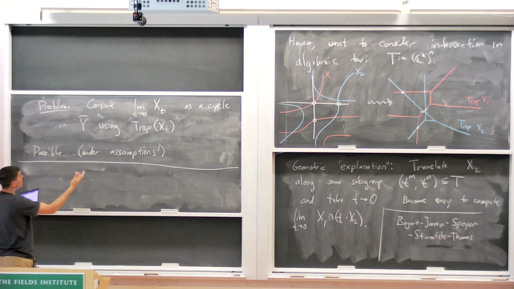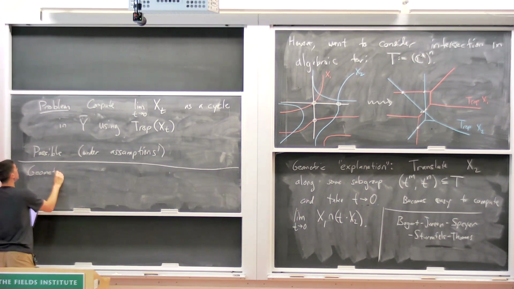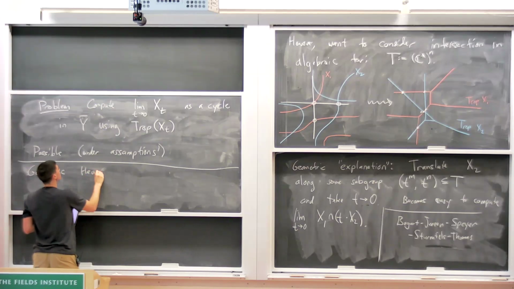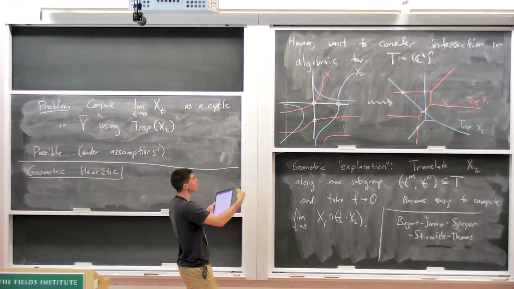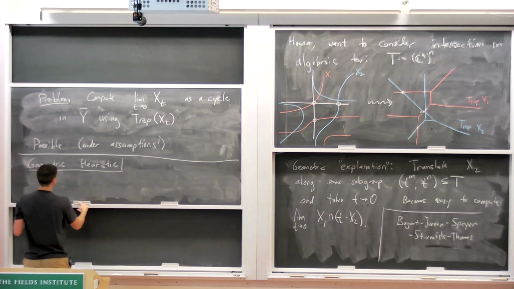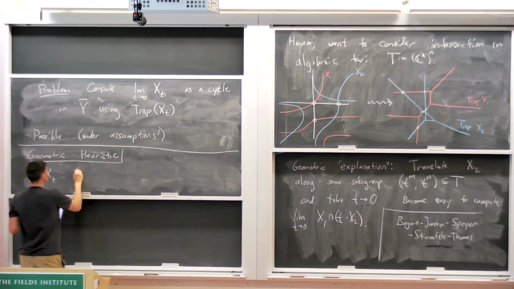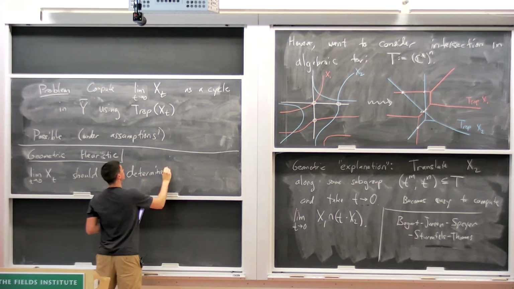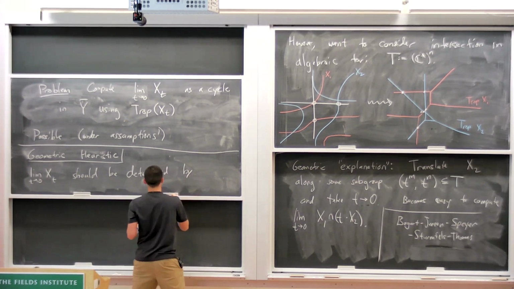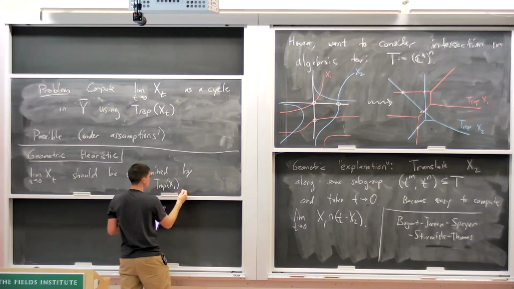The way that one should be able to solve this problem, if you think for a while about the geometry of what's going on when you take these tropicalizations, all of this stuff that I'm not telling you, the geometric heuristic is that this limit, as t goes to 0, of xt should be determined by trop xt and a tropical intersection, the sort of thing that we actually know how to work with.